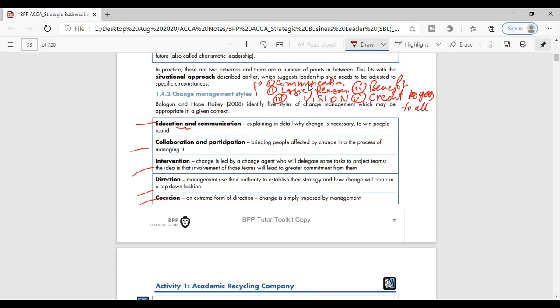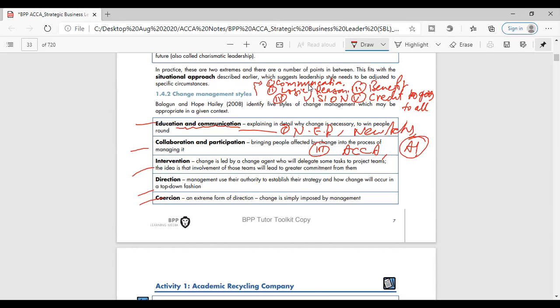Education and communication, right? You need to communicate and educate people on why something needs to change. We see now the national education plans. We also see new acts coming regularly. We see the need to do new courses like ACCA. We also see the need for AI.